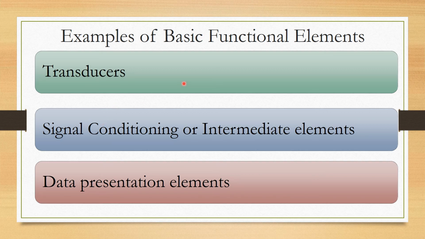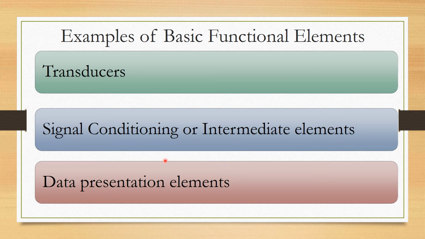Then the second basic functional element is the signal conditioning element, or you can also call it the intermediate element. The function of the signal conditioning element is this. It receives the signal from the transducer and converts it into some appropriate form for processing.